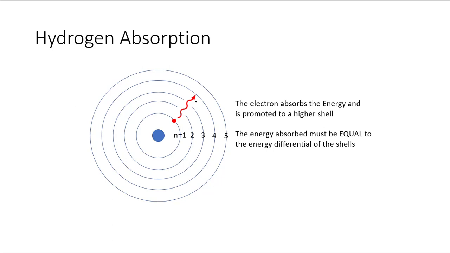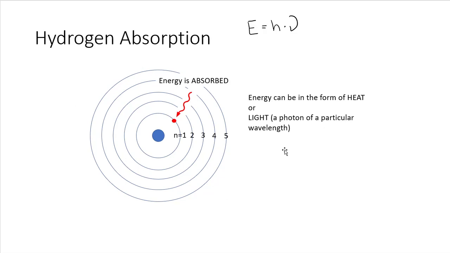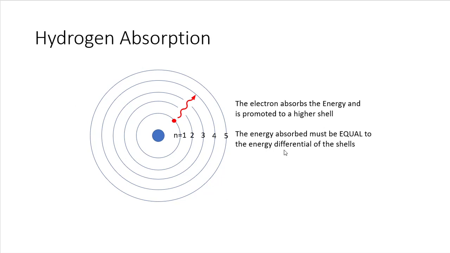I'm trying to make physical chemistry much more straightforward, but energy is quantized. You can't go in between. You can only go from n equals 1 to n equals 4. The energy gap has to be equal to the amount of energy that you have absorbed. So that's what's going on. The electron absorbs energy. It gets promoted to the exact same energy gap.